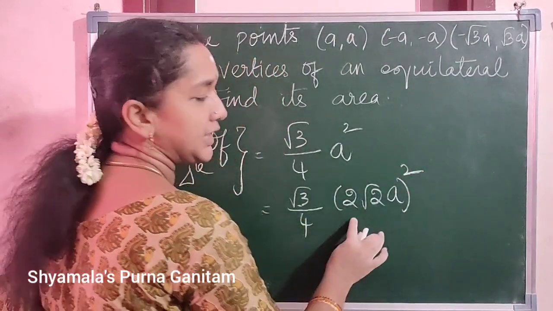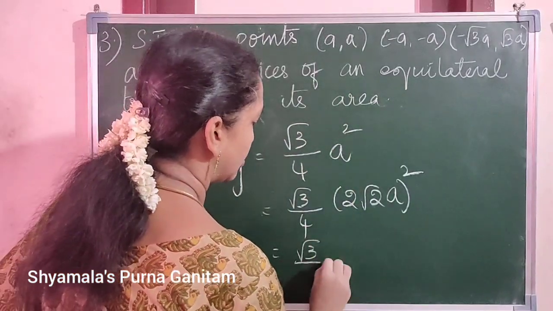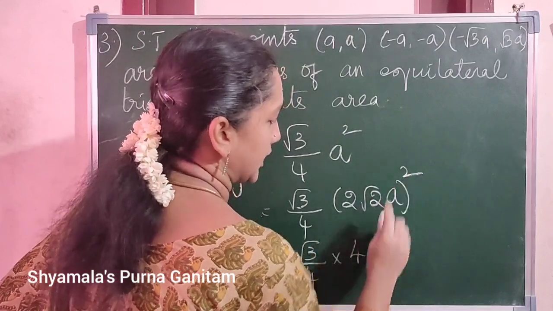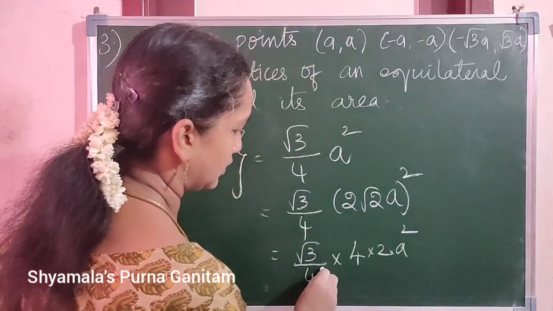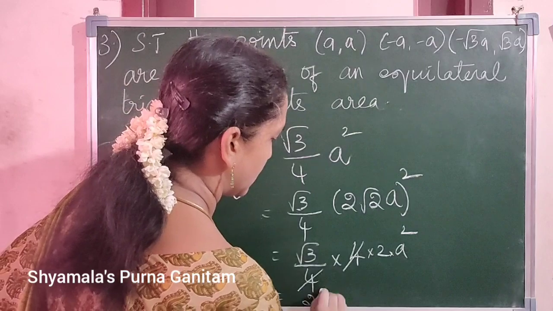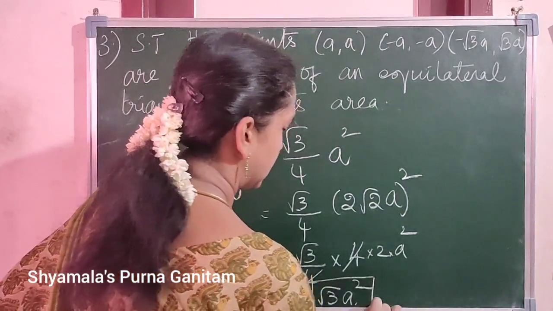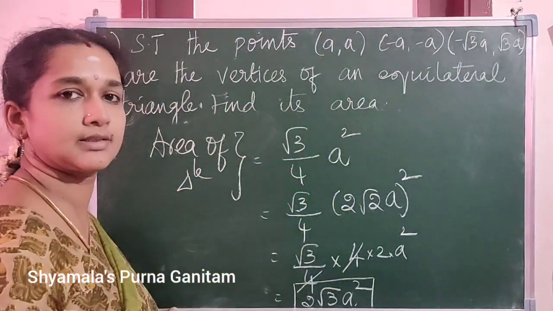This is the side we got for the equilateral triangle. When we simplify, root 3 by 4 into 2 squared is 4, root 2 squared is 2, and a squared. So the 4 and 4 will get cancelled. The answer is 2 root 3 a squared. So this is the area of the equilateral triangle for the given coordinates.